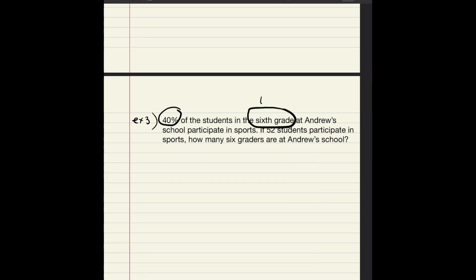So the students in 6th grade is our whole. And 52 students who participate in sports is our part. So we want to find our whole.